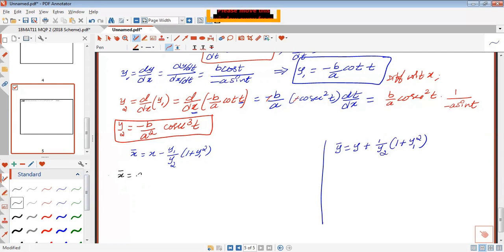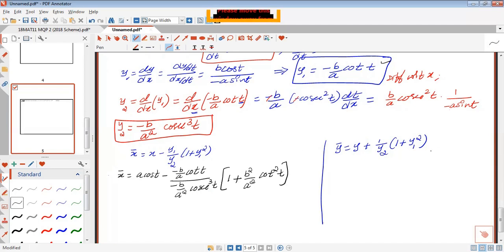x value is a cos t minus the value of y1 we have here, that is minus b by a cot t, divided by y2, which is minus b by a square times cosecant cube t, into 1 plus y1 square. So negative square is positive, that is b square by a square cot square t, right?